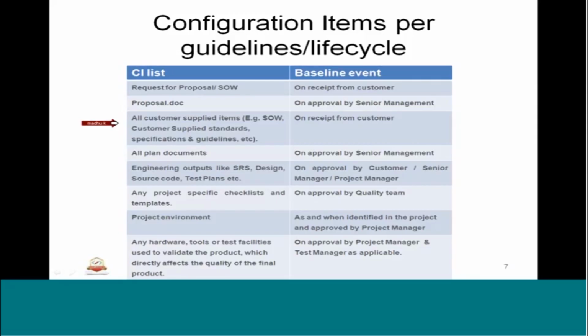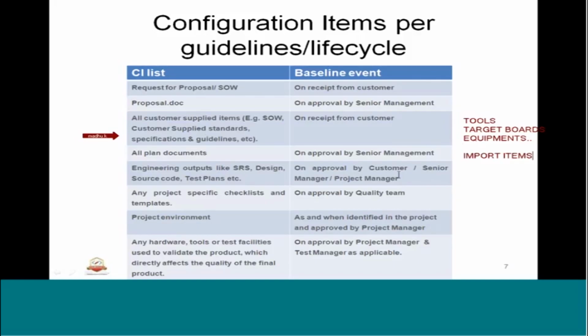Okay, the next element of the life cycle is all customer supplied items. When the contract is awarded, they are going to have a statement of work, customer supplied standards, any coding rules, specifications, guidelines, customer requirements, or any tools you can provide, any board, for example target board for testing, any equipments, etc. All these are considered as imported items.